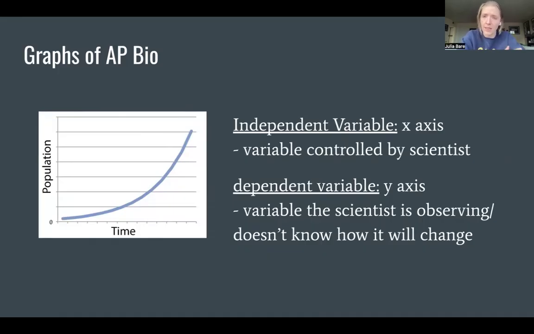So for the graph of population change over time, the scientist chose the time that they were going to measure this experiment for. Sometimes you will technically have multiple independent variables, but there's going to be one independent variable that directly influences the dependent variable.